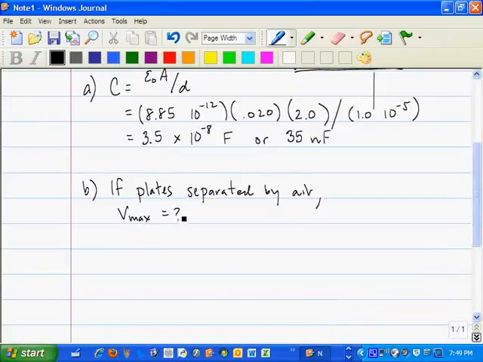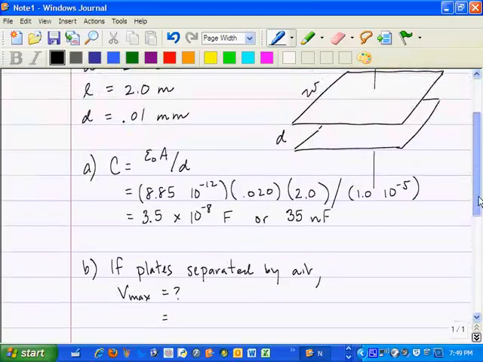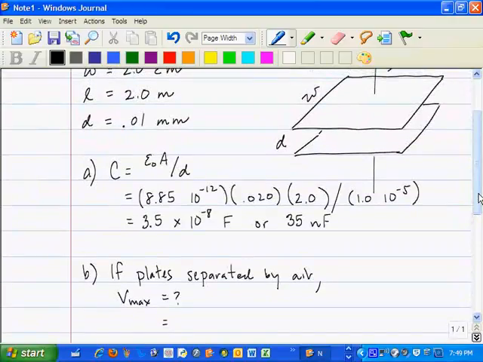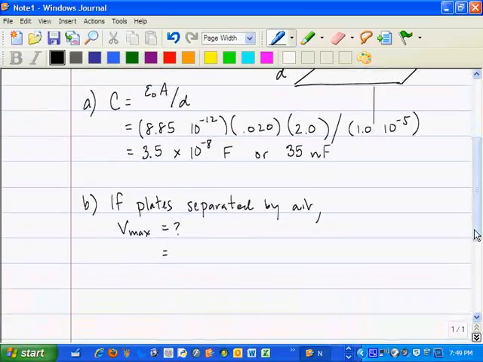Here we have to consider what's called the dielectric strength of air, or basically the maximum electric field that we can have in between the plates before electric breakdown occurs and sparks start to jump across the plates. So I'm just going to call that for the time being Emax. We'll come back to this later in the chapter.